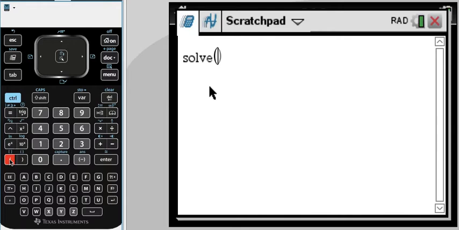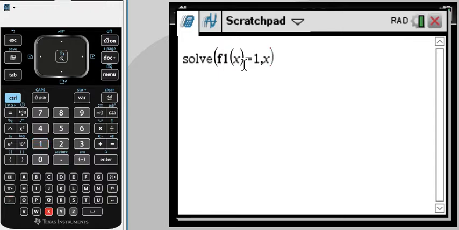But I'm not going to type 2 times the sine of 3x because I have it already here, and so it's stored in my vars page. So I go to vars, and you see I have f1 and f2, my 2 functions that I've defined. I want f1 of x, and I want that to be equal to, let's just say, 1. And I'm going to solve it in terms of x.